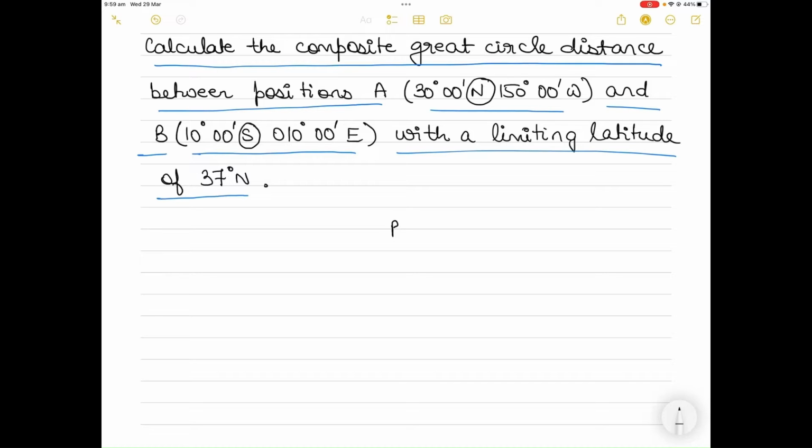the north pole. The next thing you have to do is determine the d long, or the difference in longitude between the two positions. Here, longitude A is 150 degrees 00 minutes west, and longitude B is 010 degrees 00 minutes east.